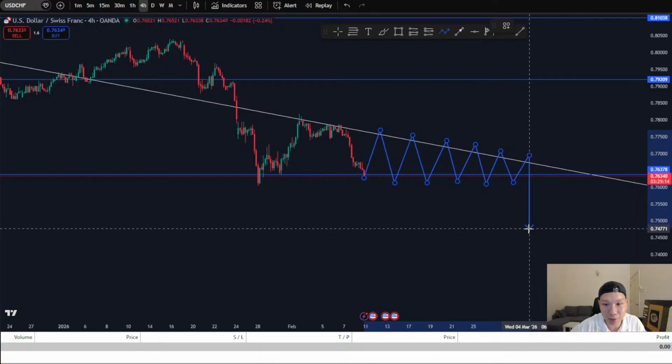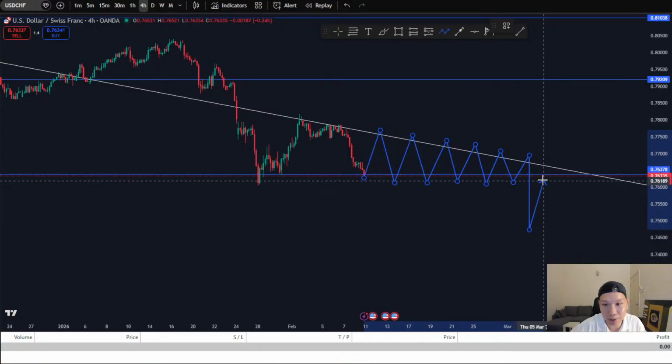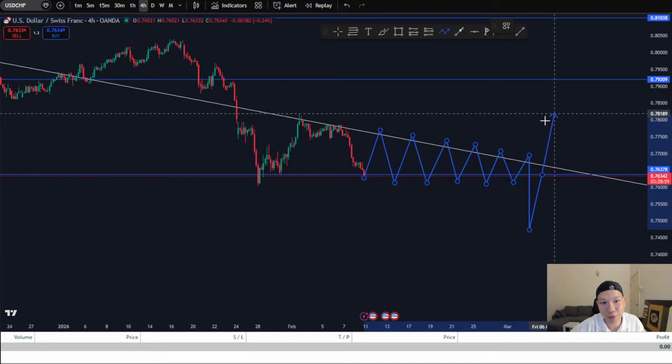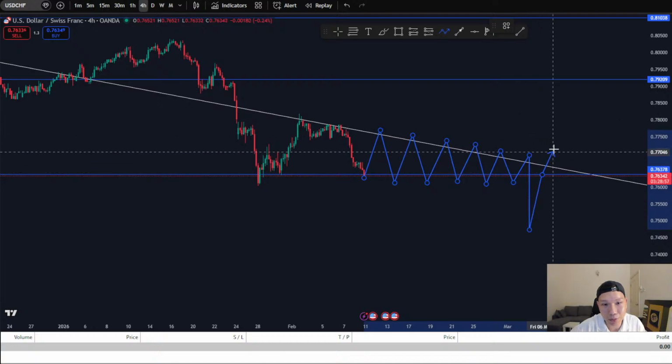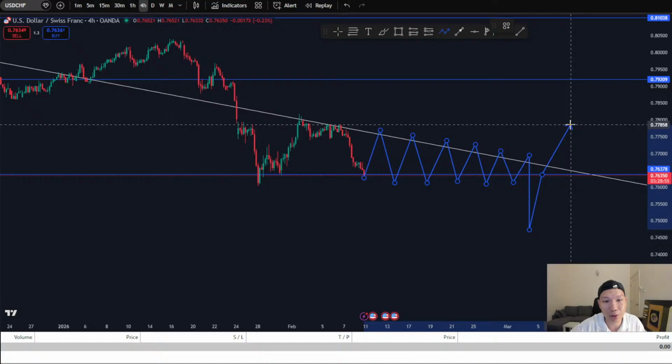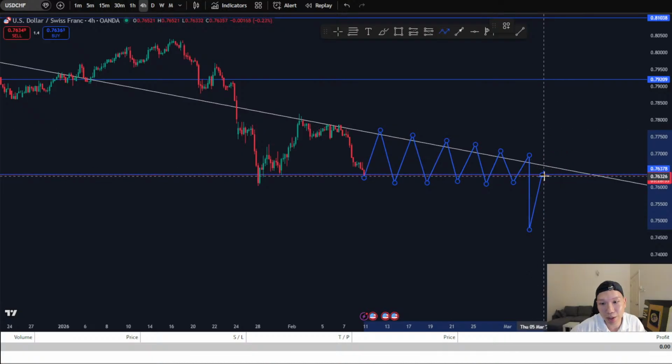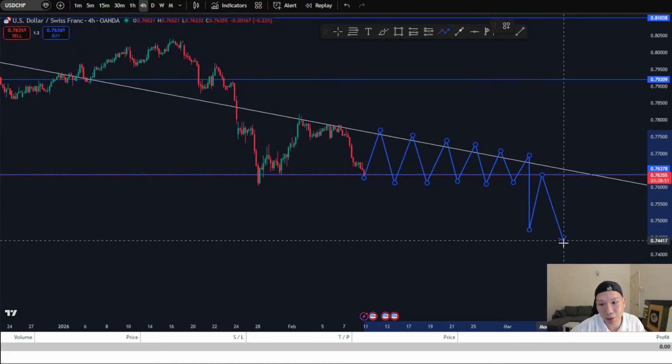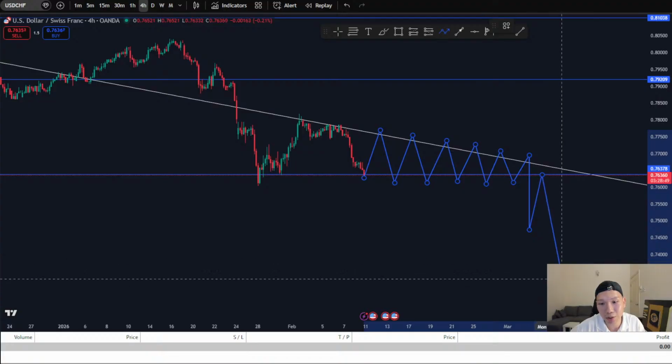Spike around here, and then there will be a pullback to try to test this range, and if it manages to break through it, it will start to go back to this range. If not, it will probably just keep on continuing to the market below.